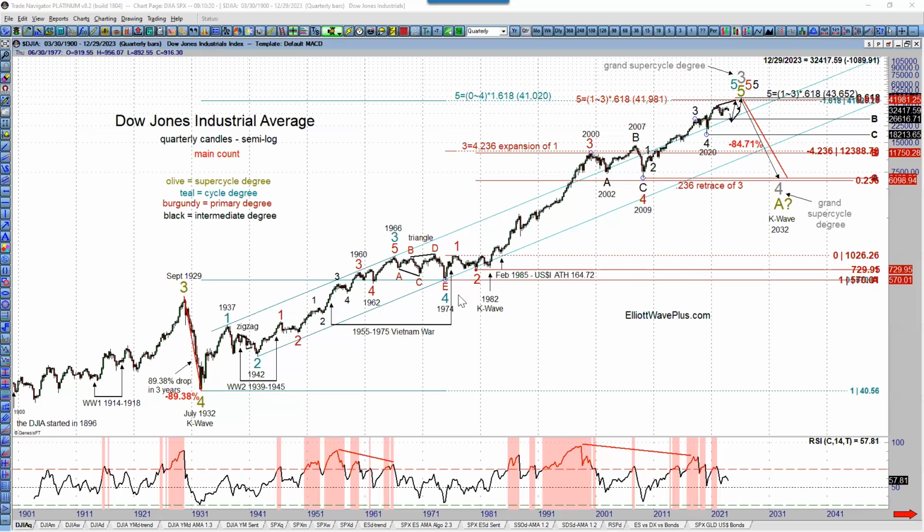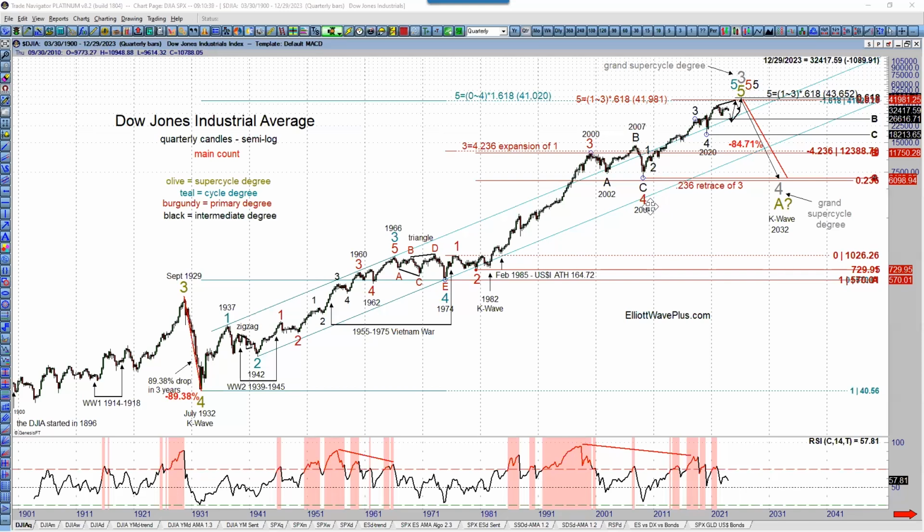Next target, it would be within the fifth wave up from the 1974 low, 1 in burgundy or primary degree, 2, 3, 4. This would be a fifth wave up that we're in right now. It needs to subdivide as 5 complete waves.